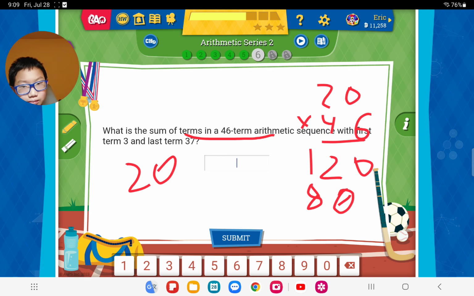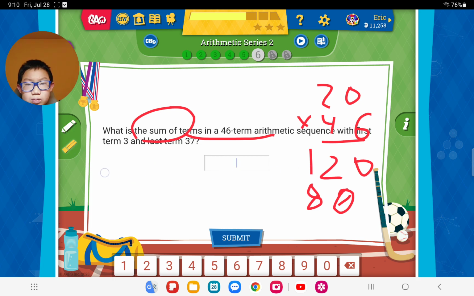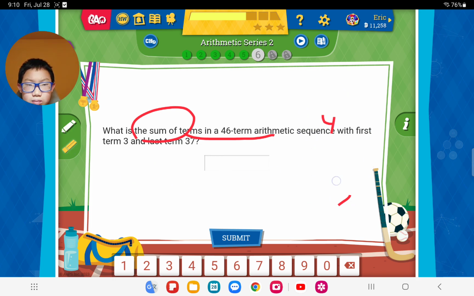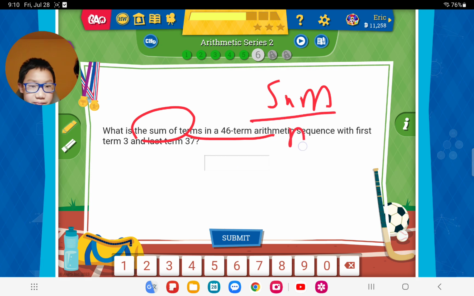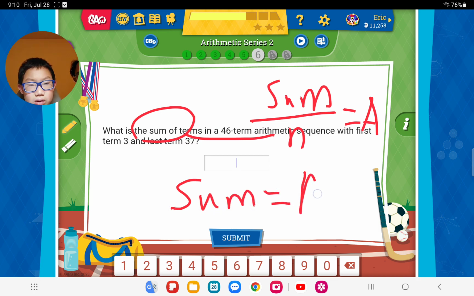So after you get the average, if you want to get the sum, it means average times the number of numbers. Sum divided by the number of numbers equals average. So sum equals number of numbers times average.